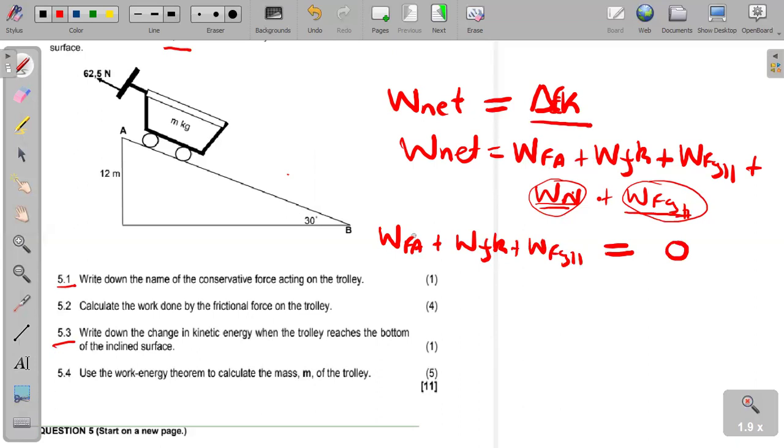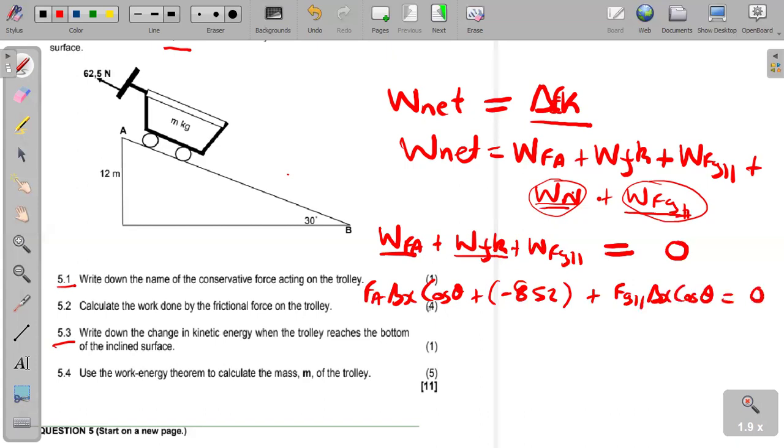So we can substitute now: force applied FA multiplied by delta x times cos theta, plus FK times delta x cos theta. I think this one we've already calculated. We got negative 852 joules, plus the work done by the parallel gravitational force, which is given by FG parallel multiplied by delta x multiplied by cos theta, which is actually equal to 0, right?